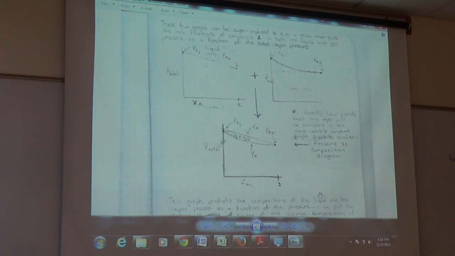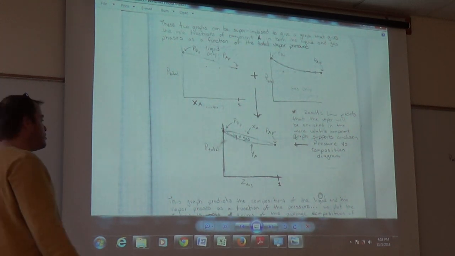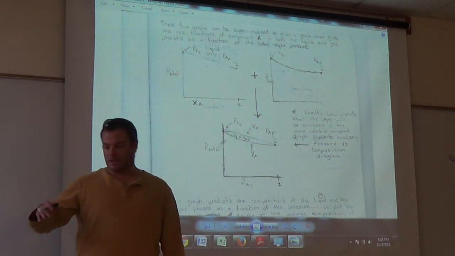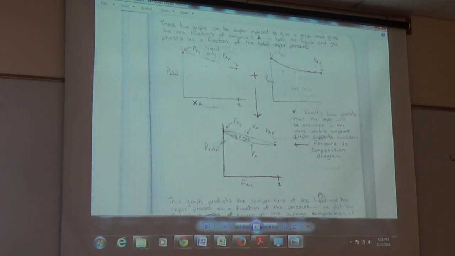And this is one of the results of Raoult's law, that the vapor always ends up being enriched in the more volatile component, which kind of makes sense. We said that all the forces were identical, but just in general, the more volatile component still has a chance of escaping into the vapor more readily than the less volatile.